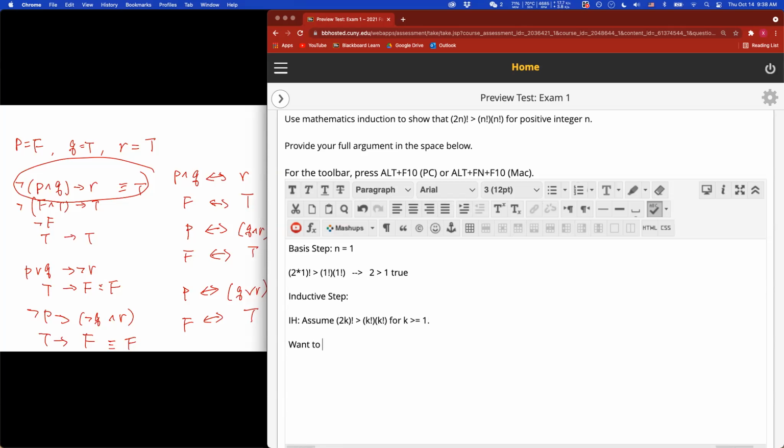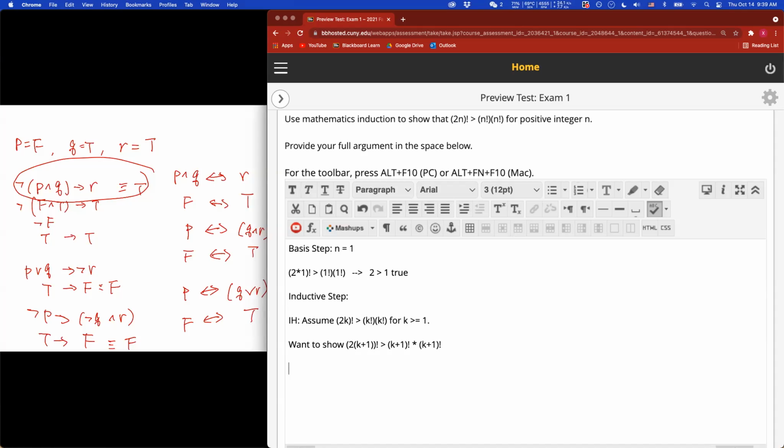And then you want to show 2 times k plus 1 factorial is greater than k plus 1 factorial times k plus 1 factorial.